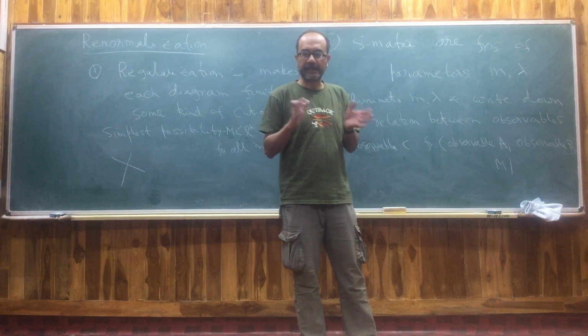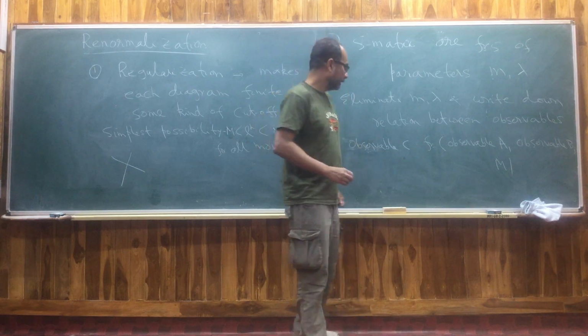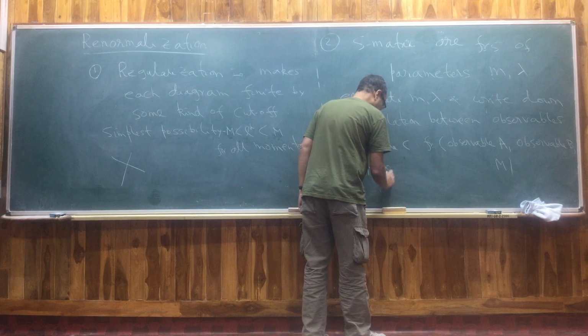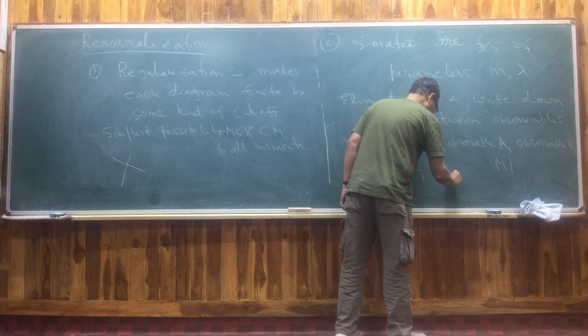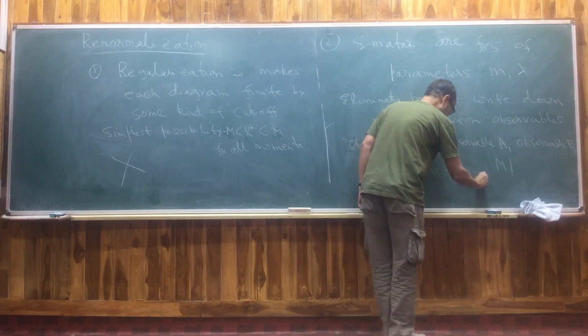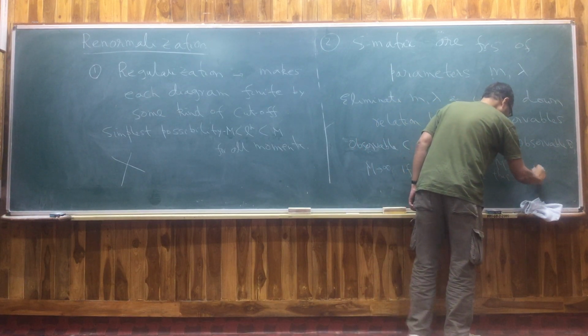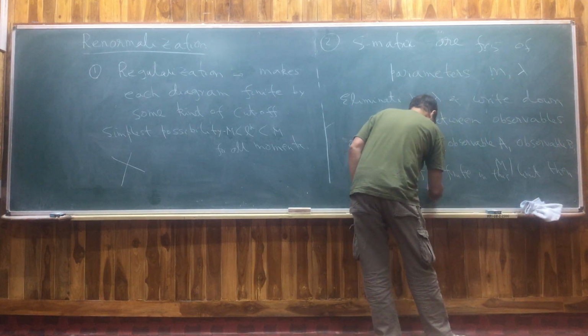This is the distinction between a renormalizable theory and a non-renormalizable theory. So take M goes to infinity. If F is finite in this limit, then the theory is renormalizable.